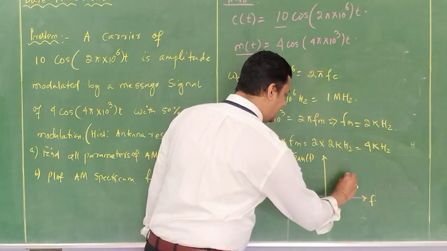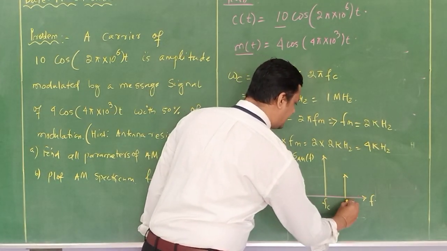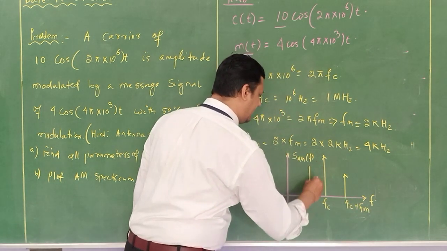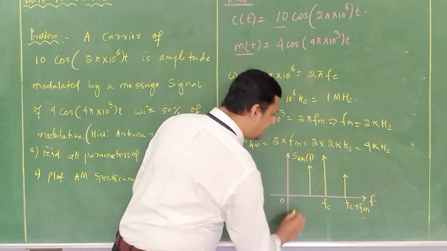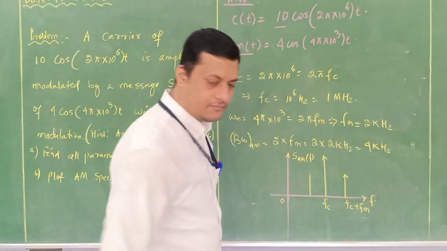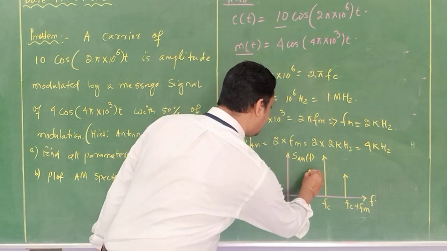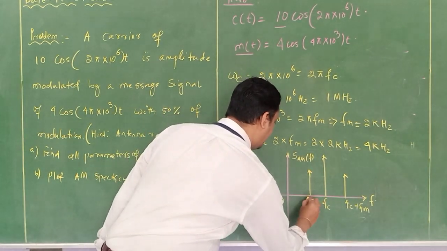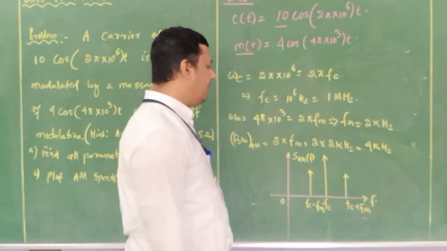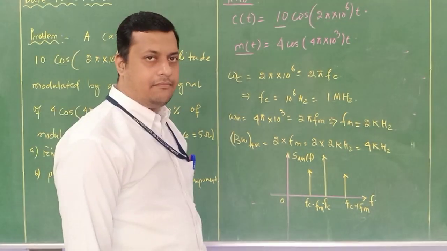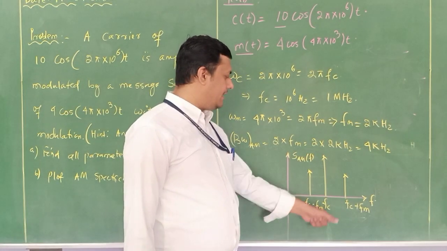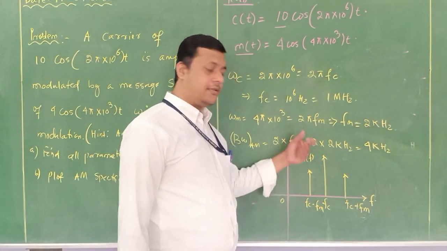Then I will represent the upper sideband, that is Fc plus Fm. And one is the lower sideband, that is Fc minus Fm. So these are the frequency components available in my AM signal. Now what are these components? Fc minus Fm, then Fc plus Fm, and what are the amplitudes?